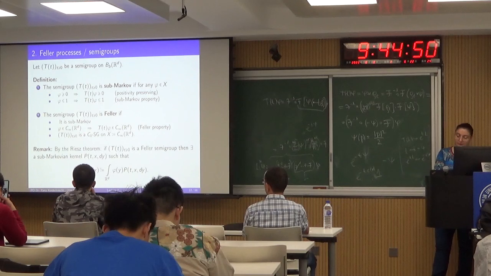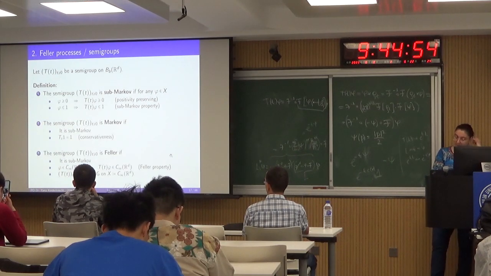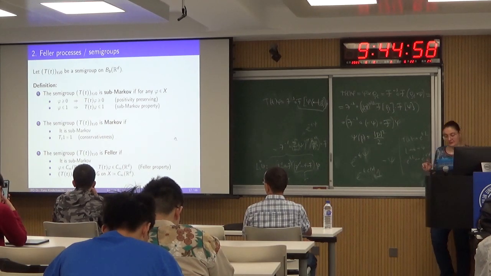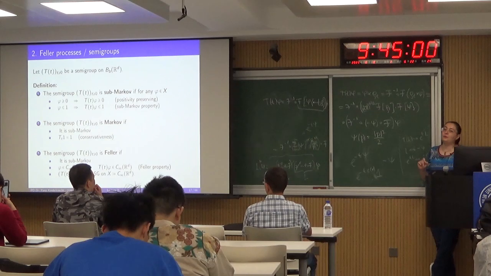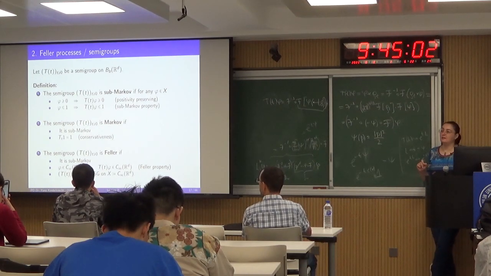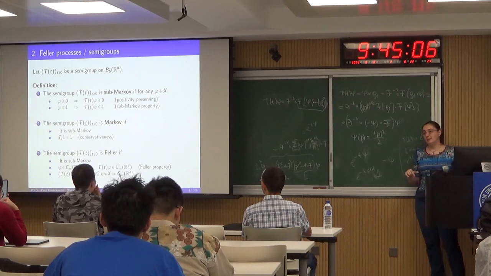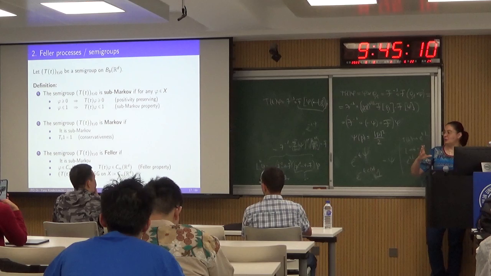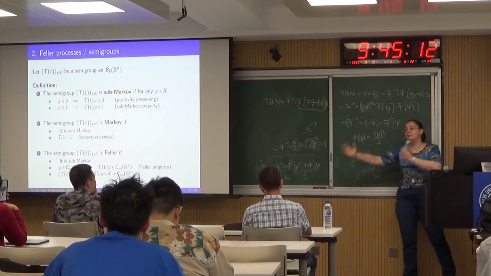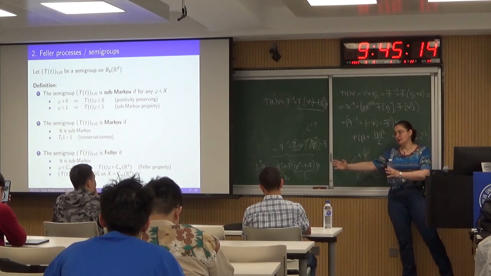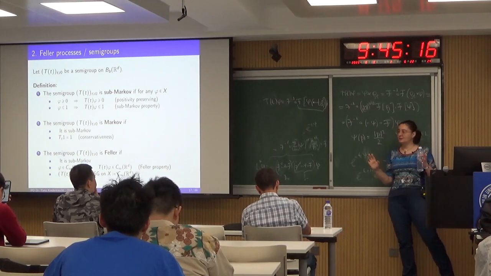Two remarks. First remark is that the notion of Feller property is defined differently in different groups. But it is always a property of a semigroup that some space of continuous functions is mapped into some space of continuous functions. But which particular spaces may be different.